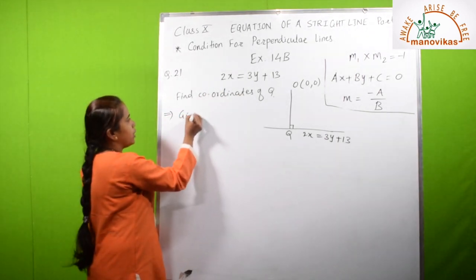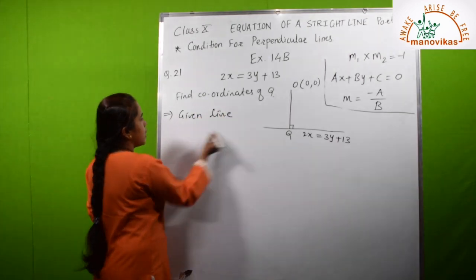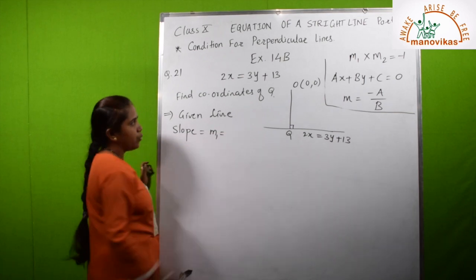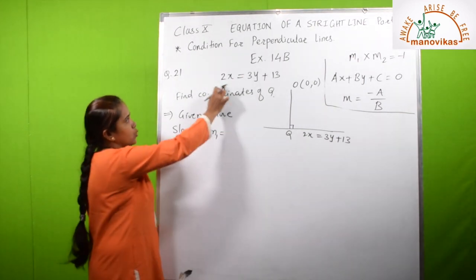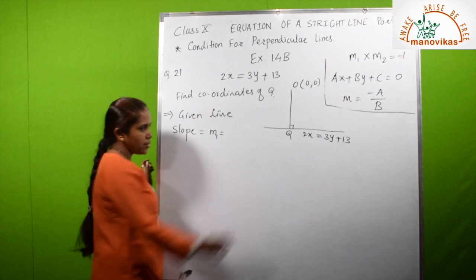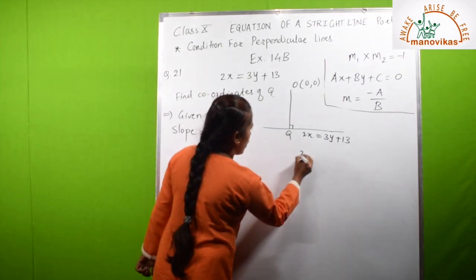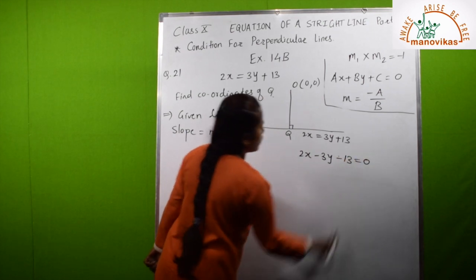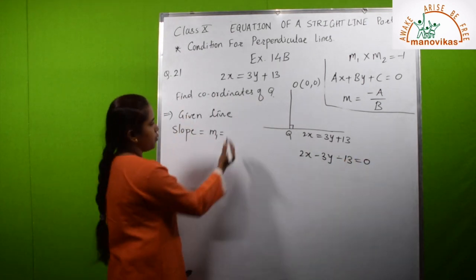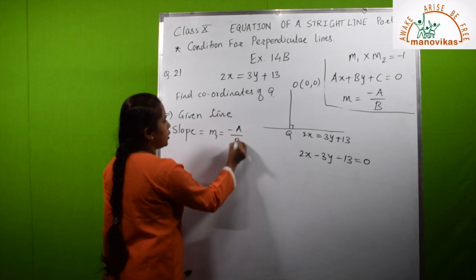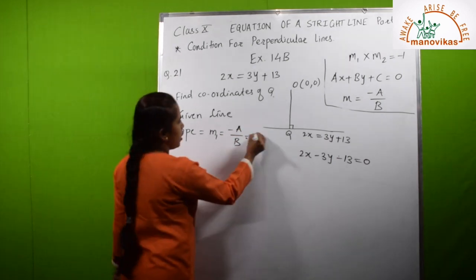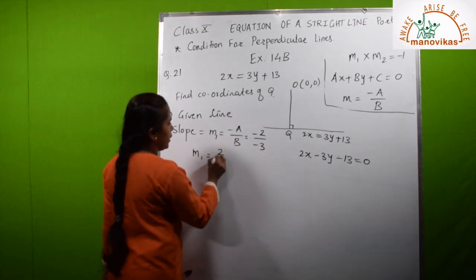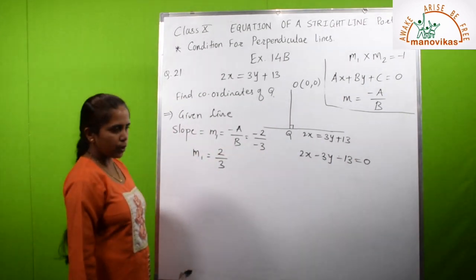Now for the given line, the slope m1: it is 2x = 3y plus 13, so in standard form we can write 2x minus 3y minus 13 = 0. Using the slope formula, minus a upon b, that is minus 2 upon minus 3, so the slope of the given line will be 2/3.